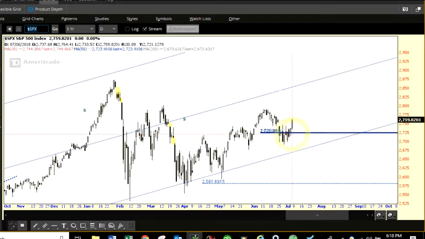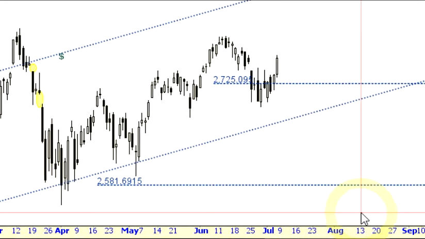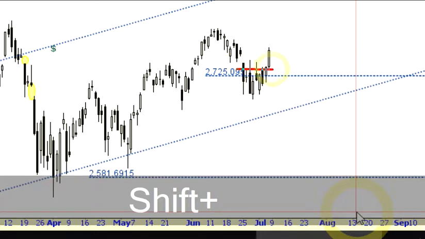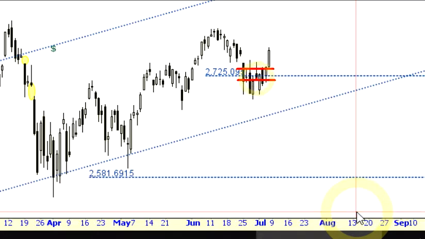If you zoom in here, the reason I want to mark this area is because you can see there's a lot of consolidation kind of right between here and here. And this 27.25 area is kind of where the bulls took over.